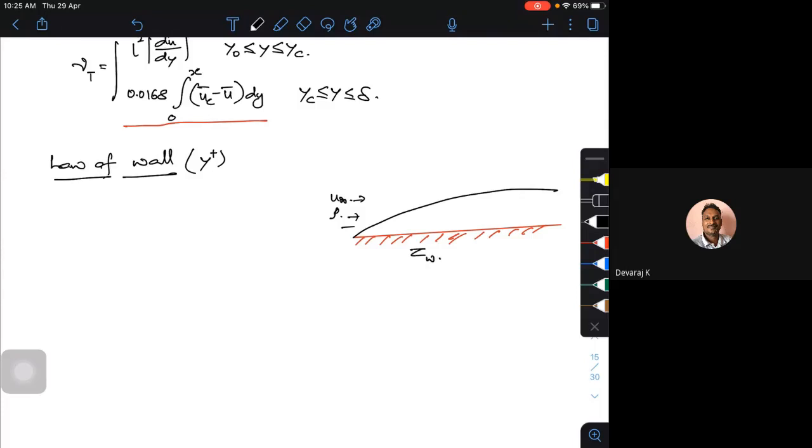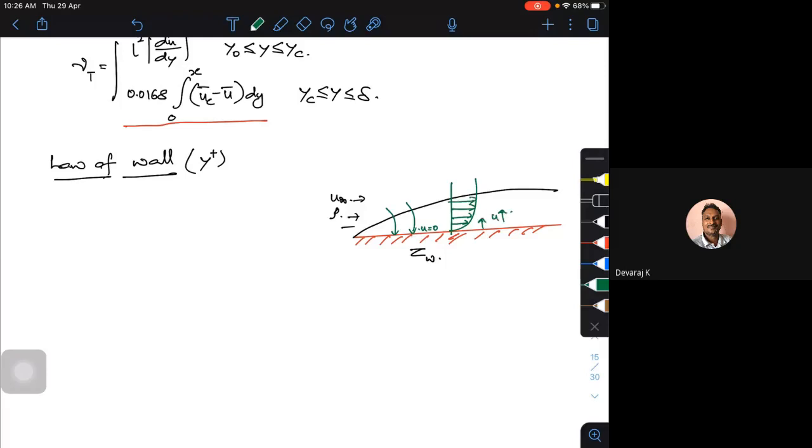Why is it so important? Because the fluid attaching to the surface has u equal to 0, and slowly, as we know, the velocity profile goes something like this. That means u slowly increases in this direction.